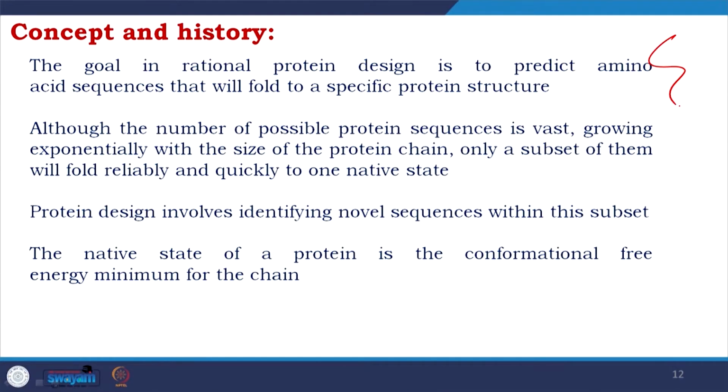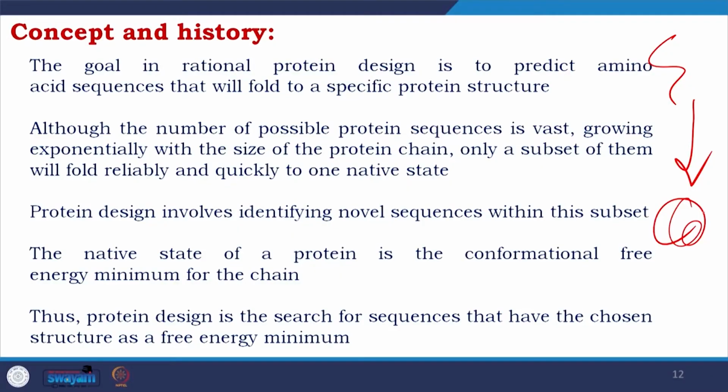When we have an unfolded sequence, the way we look at the folding is pushing it towards the lowest energy minima. Thus, protein design is the search for sequences that have the chosen structure as a free energy minimum.